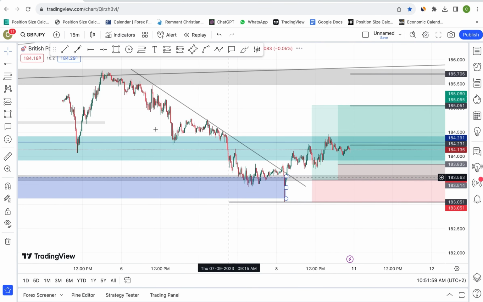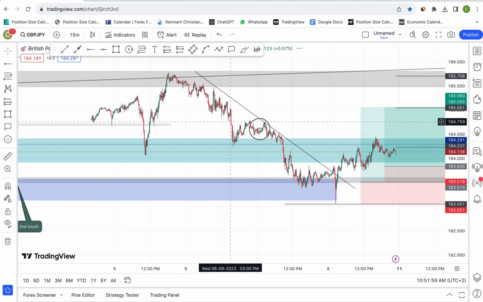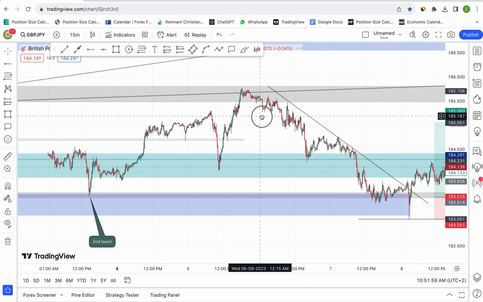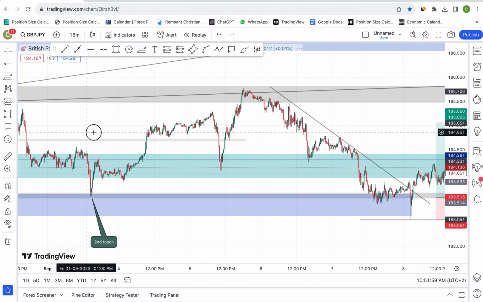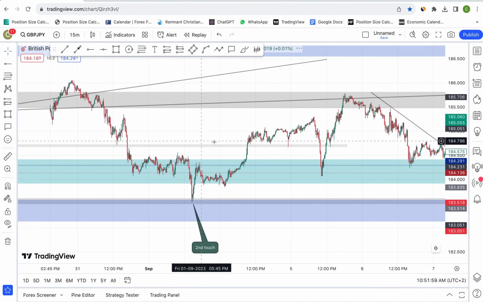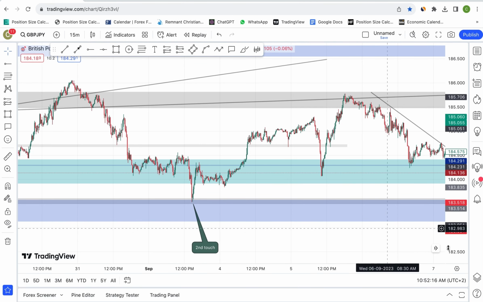So what happened right here? In our second touch, I actually started taking this trade from our third touch, because I didn't catch it on our second touch, but it can be repeated on our second touch. That's why I want to show you what happened right here.